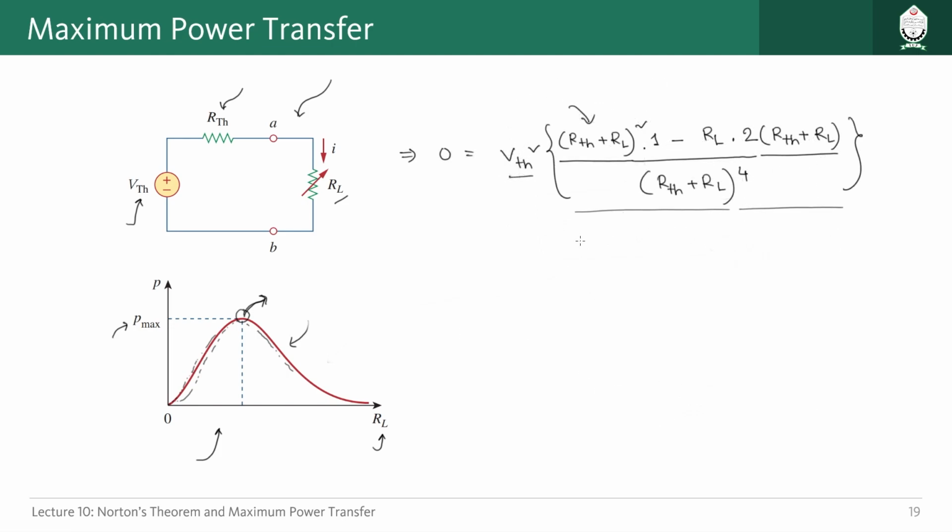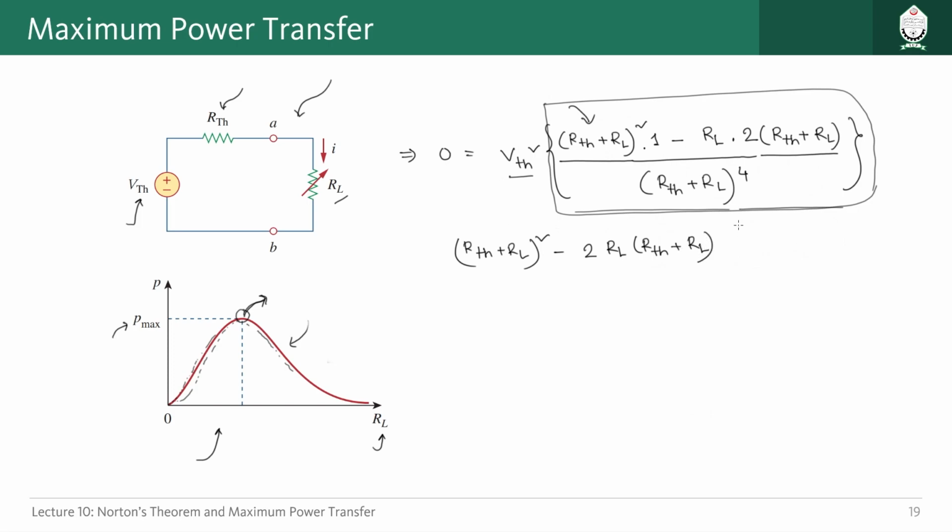That means we can write (RTH plus RL) whole square minus 2 RL (RTH plus RL), divided by (RTH plus RL) to the power 4, is equal to 0.